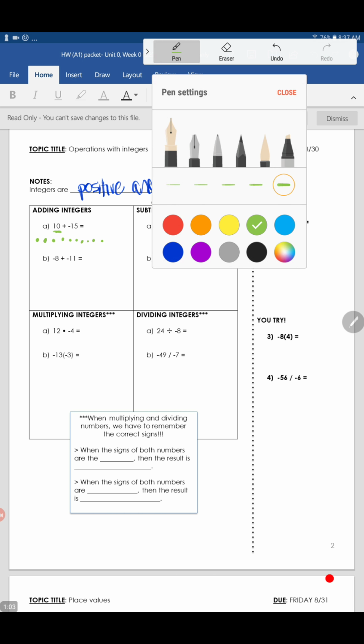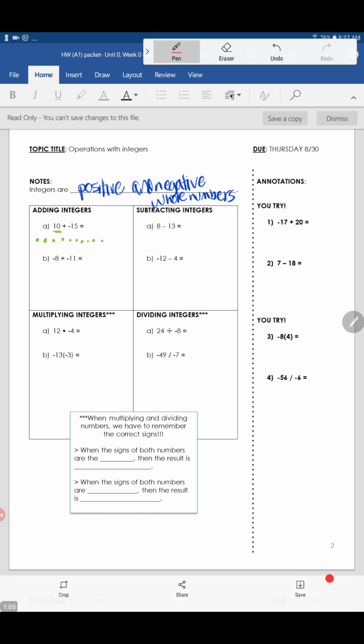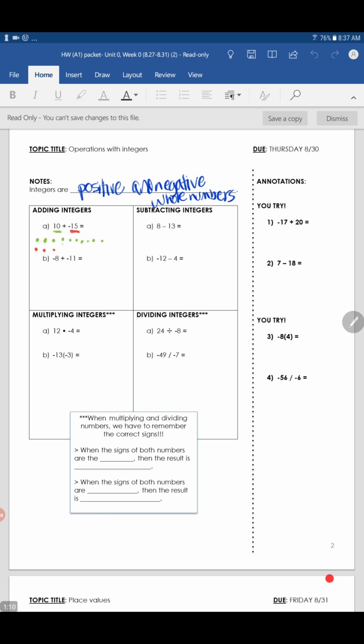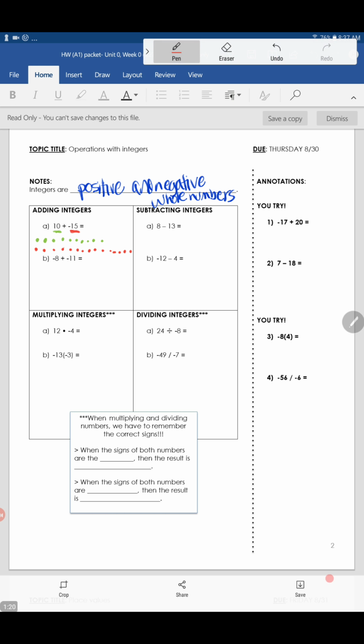Okay, and then I'm going to make negative red. So I'm going to line them up, 1, 2, 3, 4, 5, 6, there's 15 of them, 7, 8, 9, 10, 11, 12, 13, 14, 15. Okay, so a total of 15 negatives.